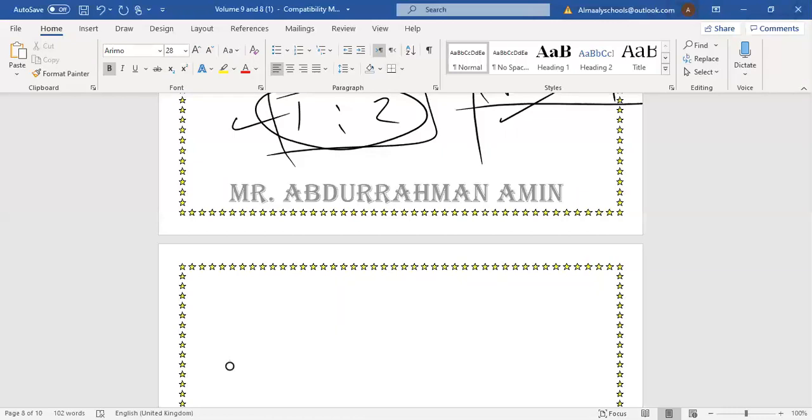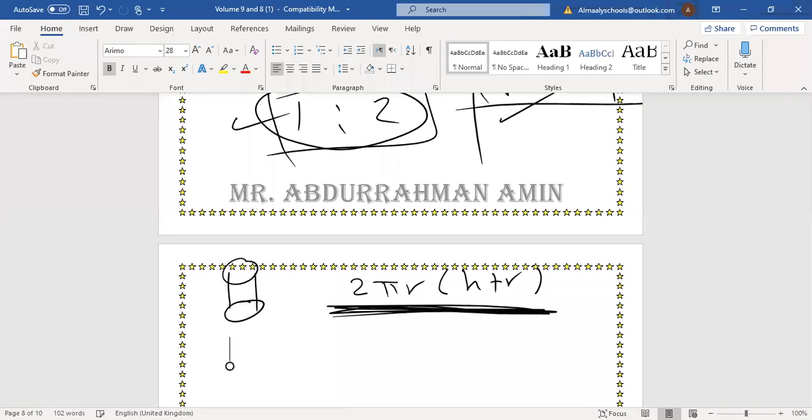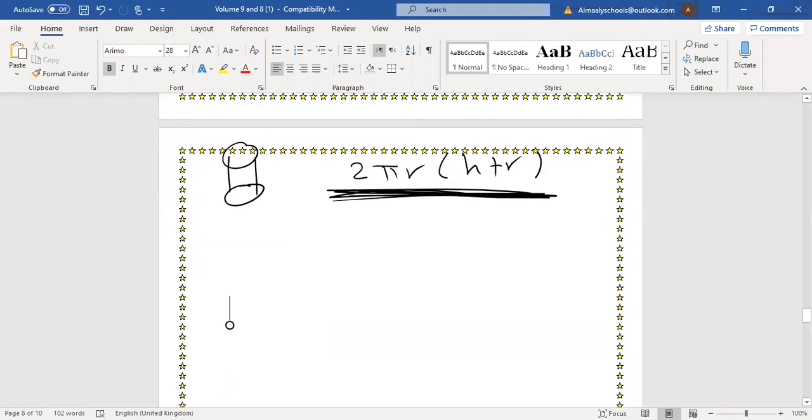First, I'll give you the total surface area of the cylinder equals 2 pi R multiplied by H plus R. This is the surface area of the cylinder: 2 pi R multiplied by H plus R.